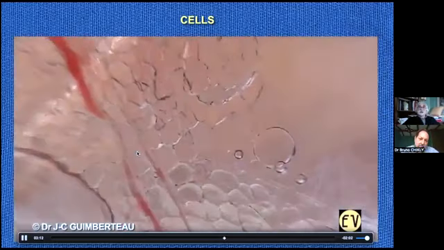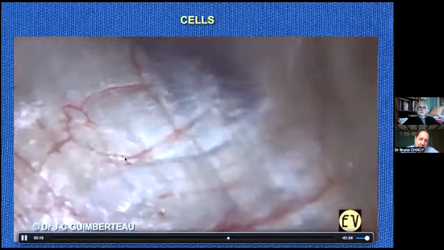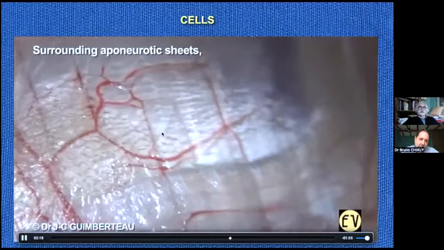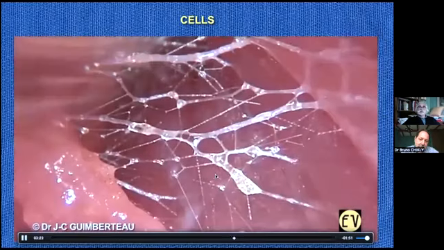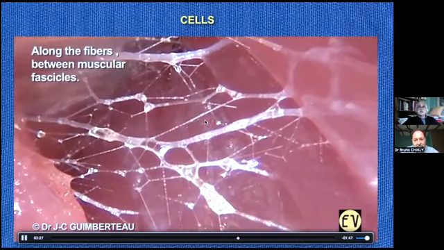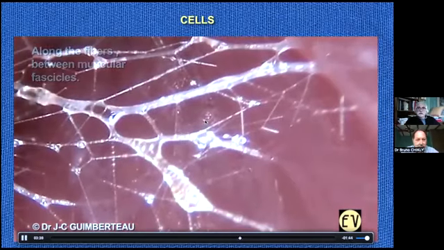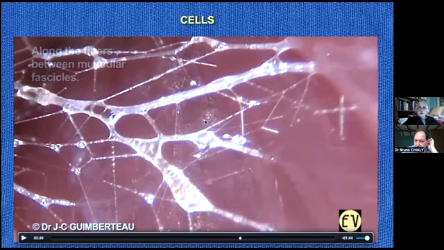Sometimes you can find cells, look here, on the surface of the aponeurotic. Sometimes you can find cells inside the muscle. But these cells are not muscular cells. They are certainly fibrocytes or fibroblasts, but they are not muscular cells.